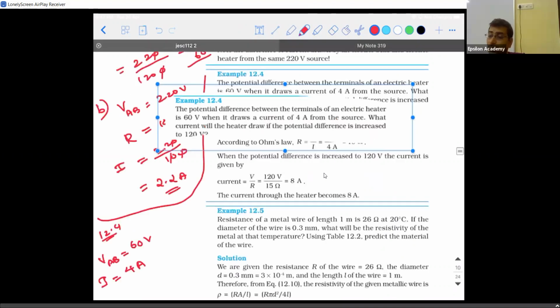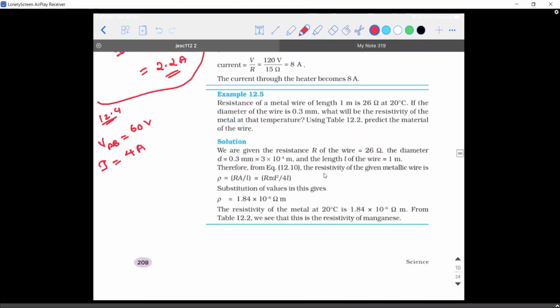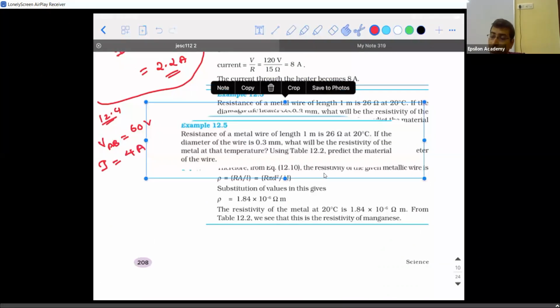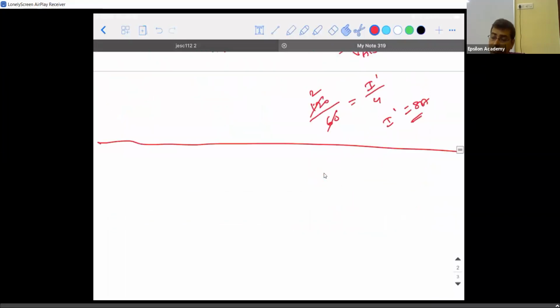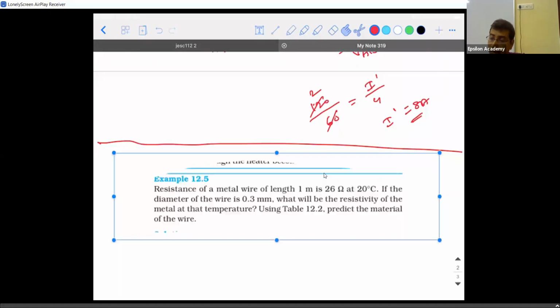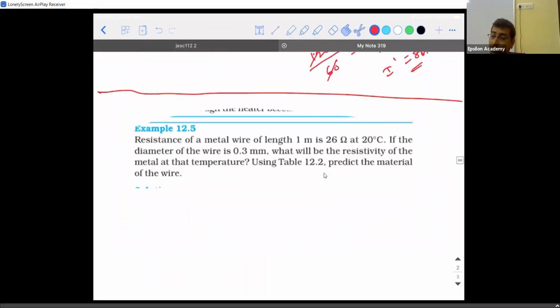So let's do this one. Example 12.5. The resistance of a metal wire is 26 ohm at 20 degrees Celsius and its length is given as 1 meter.